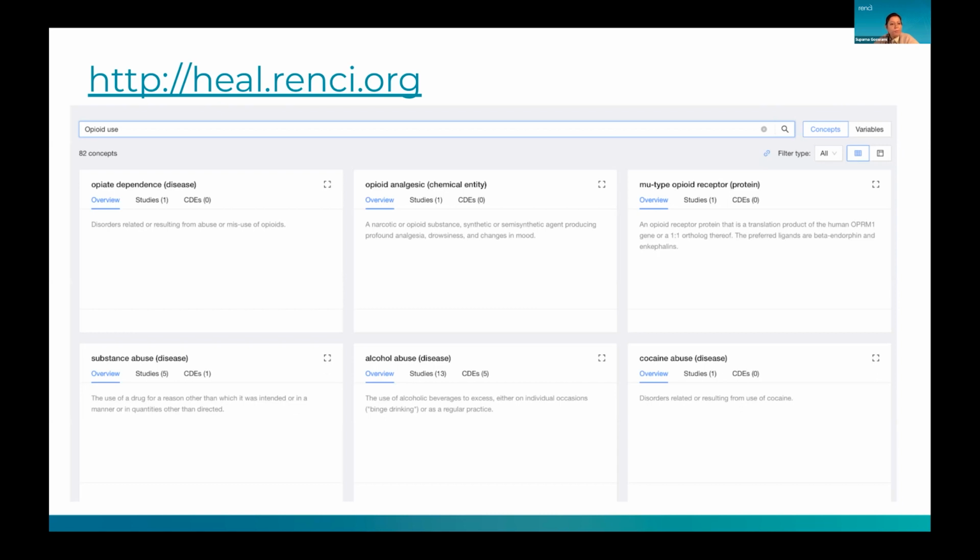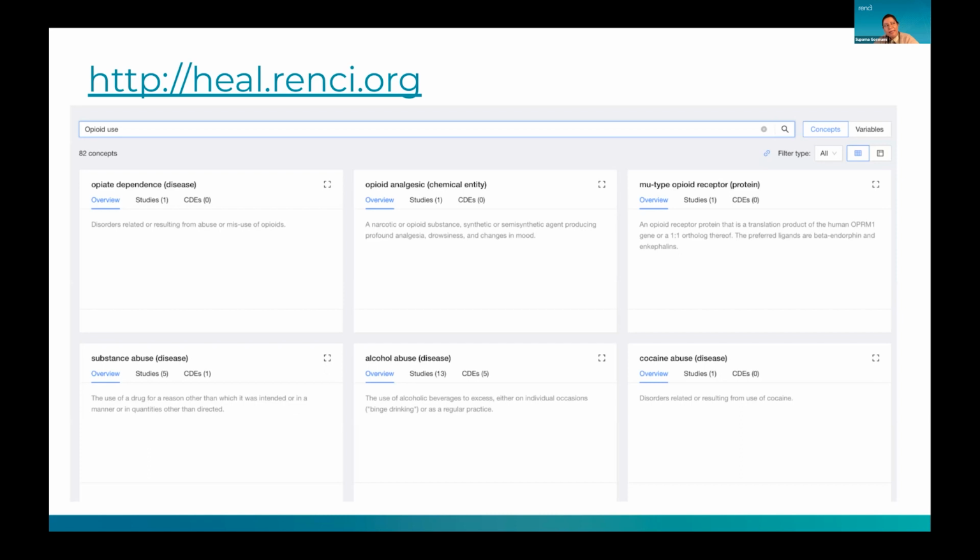For example, opiate dependence, which is a type of phenotype disease, is related to opioid use, and there is a description or overview of what this concept is about. And then there are studies that are related to, and by related, I mean there are studies, HEAL and non-HEAL studies, which have studied opiate dependence. And there is other information pertaining to this particular concept that DUG was able to find and show to users.